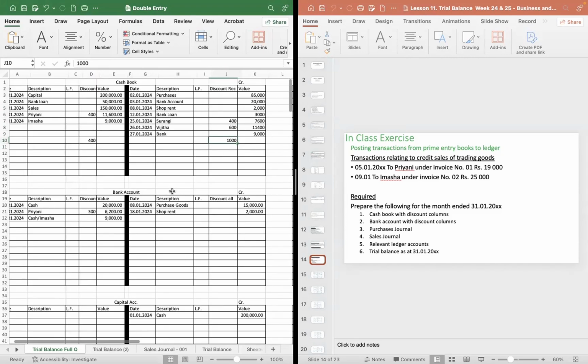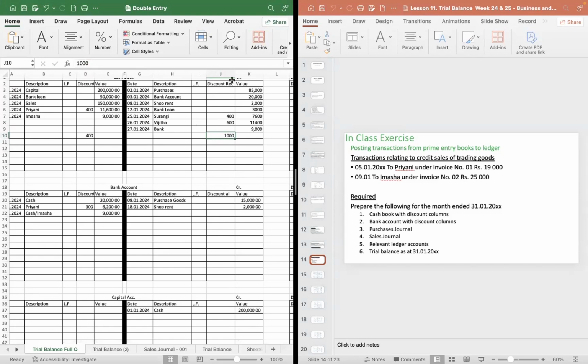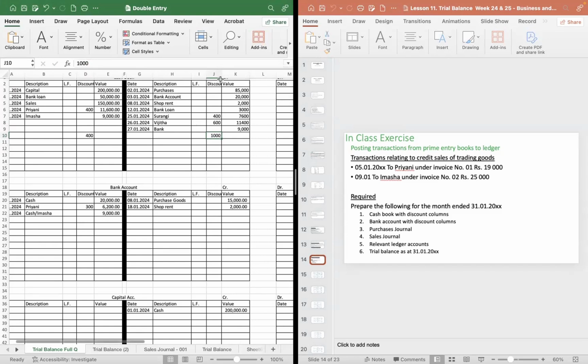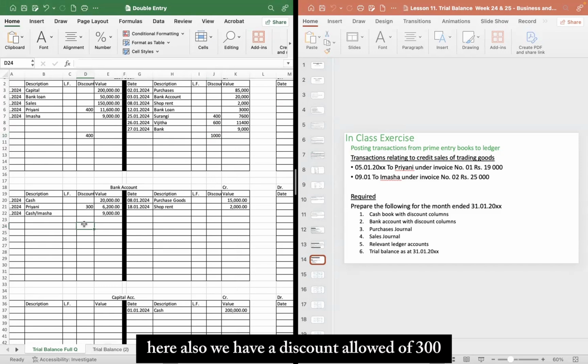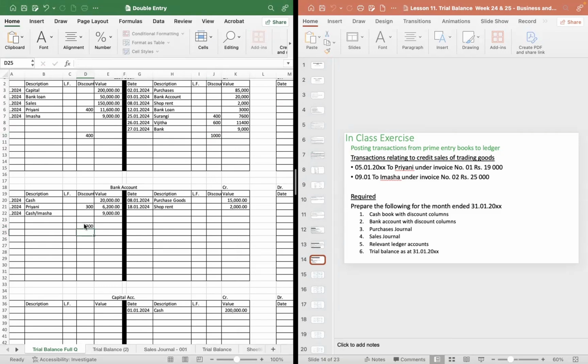Here also we have discounts allowed of 300.